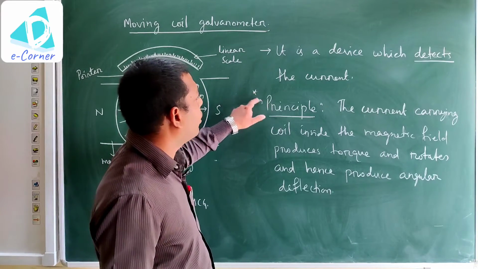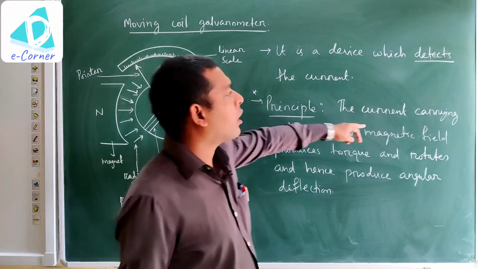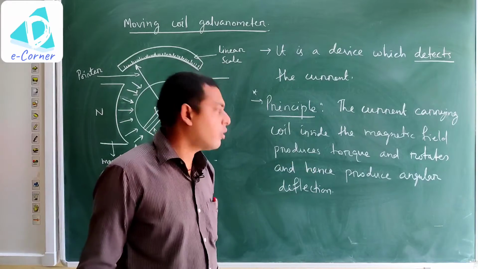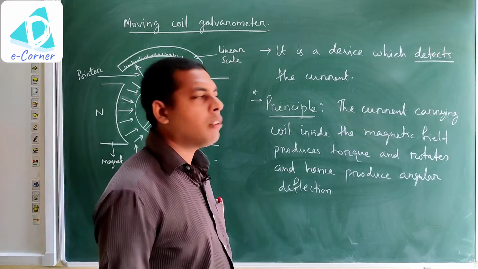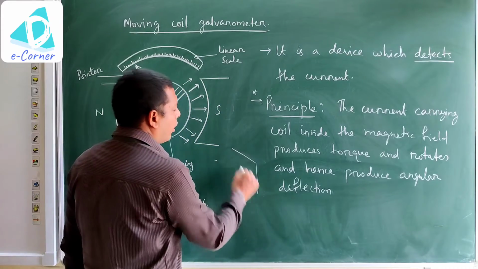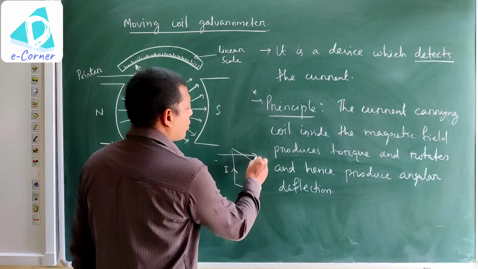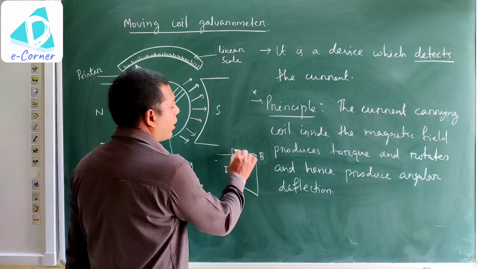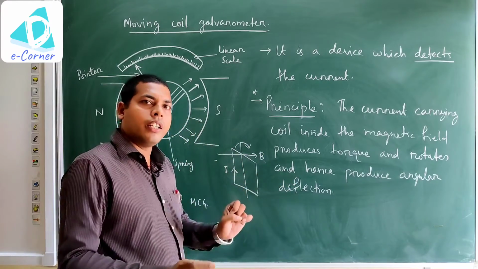Next important is the principle of this moving coil galvanometer, that is, the current carrying coil inside the magnetic field produces torque and hence it rotates and hence produces angular deflection. There is a coil in which current is flowing, and suppose this coil is inside the magnetic field, then this coil rotates and produces angular deflection.